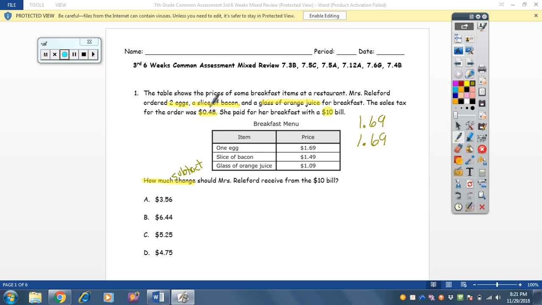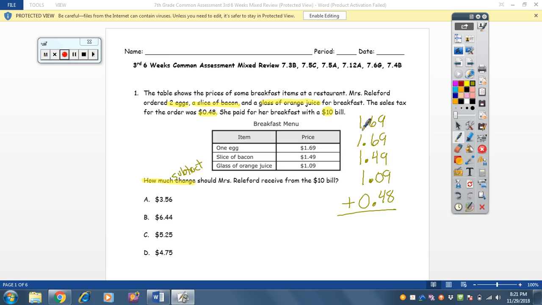She also got a slice of bacon, so that's $1.49. She also got a glass of orange juice, which is $1.09. Tax was 48 cents. When you add decimals, you have to line up all the decimals.